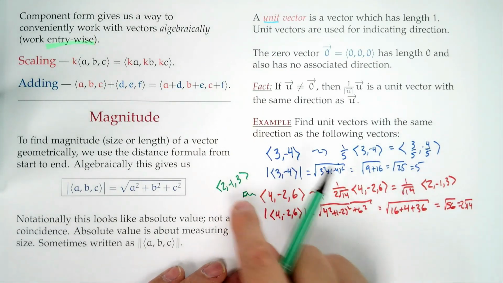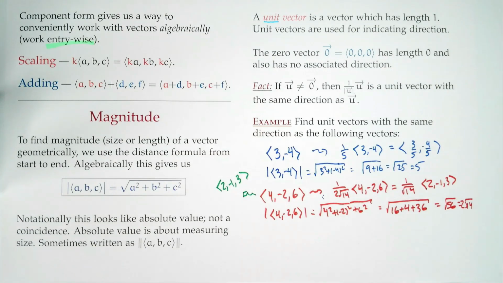Because these two point in the same direction. I'm just essentially scaling out a common factor. That would still give us the same unit vector because we'd still end up going in the same direction. Whenever I scale a vector, I haven't changed the direction. And so if you ever have to find a unit vector, one nice thing to make your life easier is scale out common factors first.